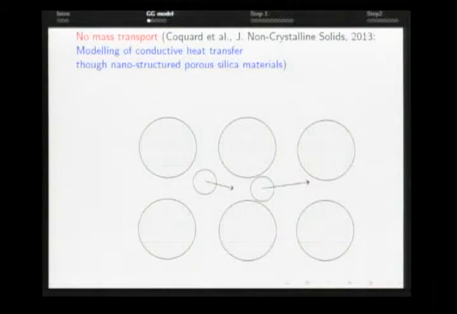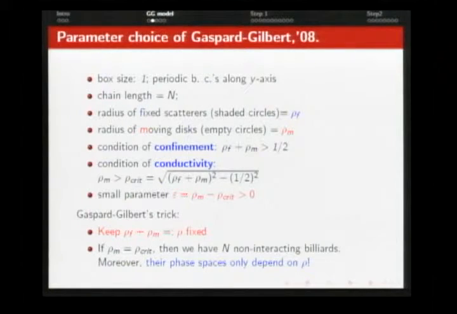Now, if you keep this sum fixed, then for the critical value, you have n non-interacting billiards. And the configuration spaces of these billiards only depend on the sum of the two radii.